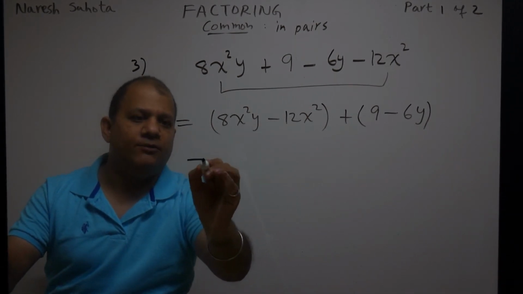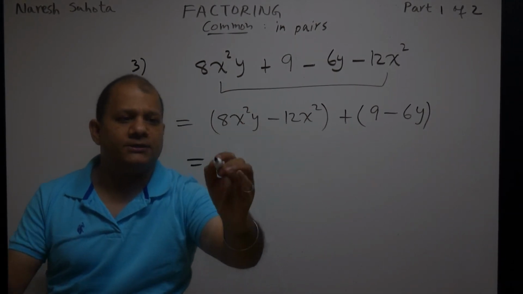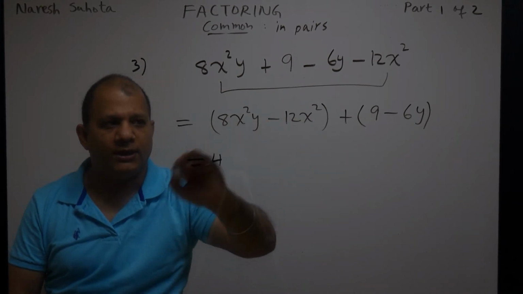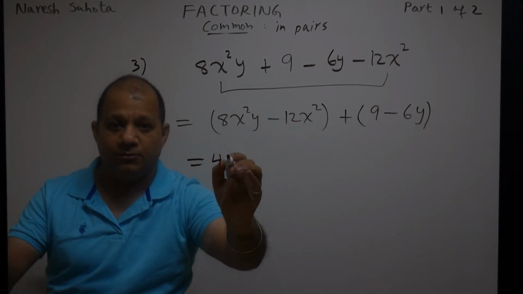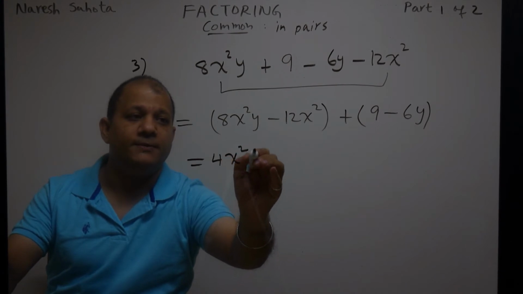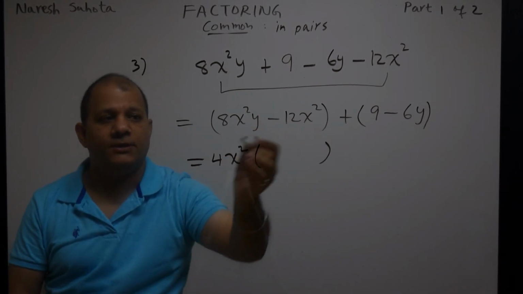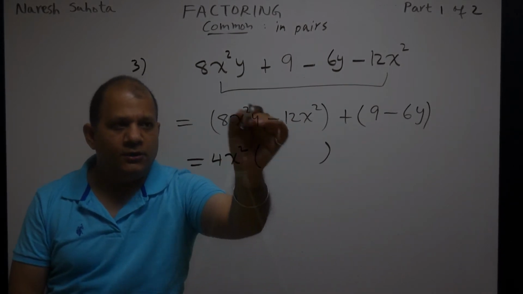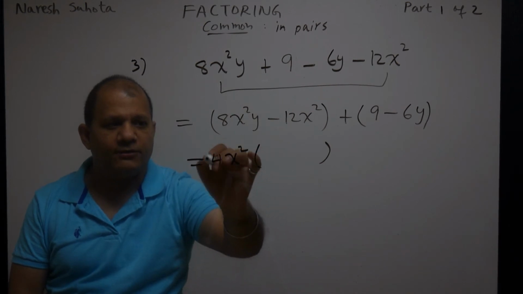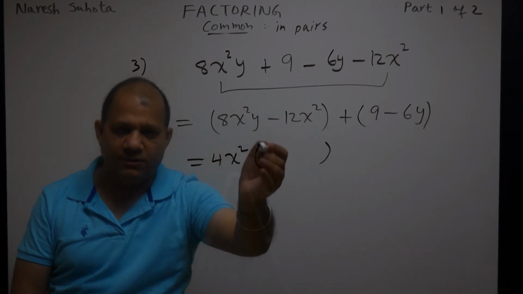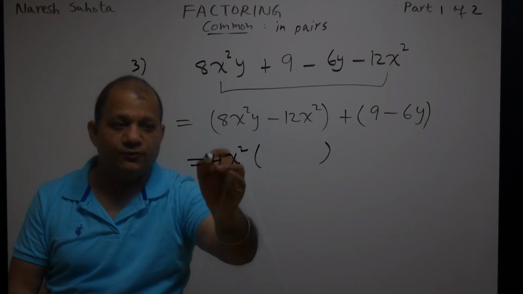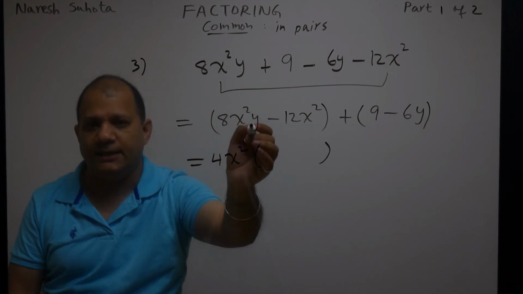Okay, so now from here, 4 is a common factor between 8 and 12, and now x squared appears in both, so x squared is common and y is not common, right? So from this we pulled out a factor of 4x squared, so what's the remaining factor? In other words, 4x squared times what will give me 8x squared y.